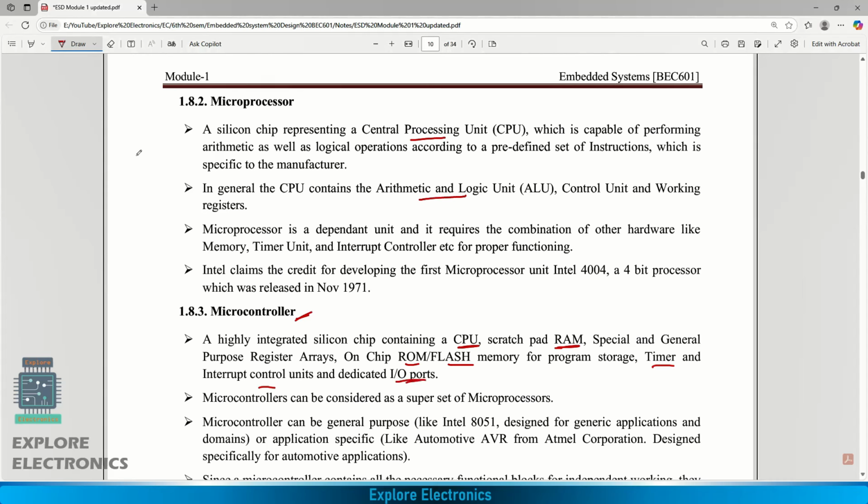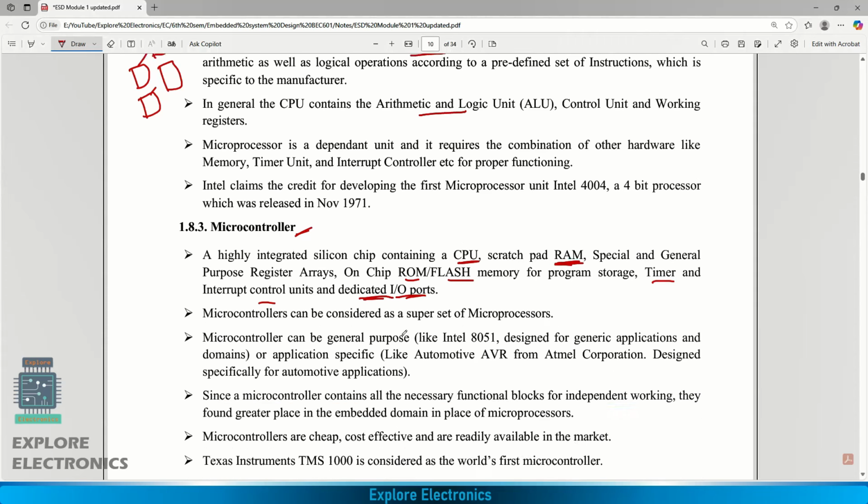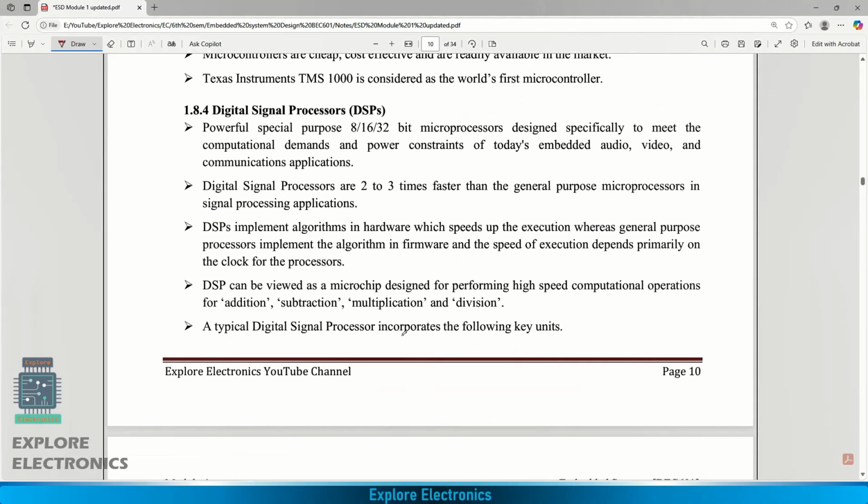But in the microprocessor, we can connect a CPU with ALU with different sizes of memories as external devices. There is a possibility. But a microcontroller is strictly restricted to the particular microcontroller we choose, which will have certain memory, RAM, ROM, and dedicated ports like that. That is the major difference between microcontroller and microprocessor.